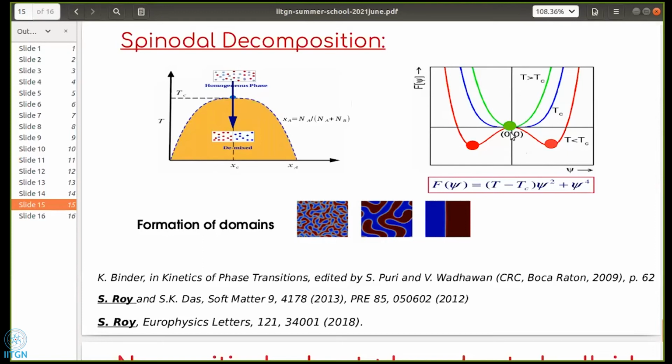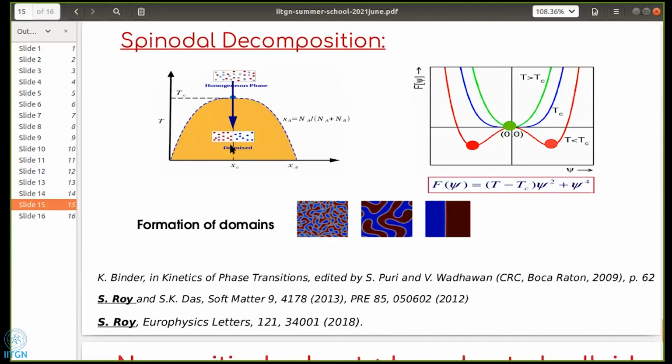It's only one minimum where the value is 0. So this 0, 0 point, which is marked by the green filled circle, corresponds to the equilibrium configuration of the system at the high temperature. And like you see, the order parameter is indeed 0 here, which means that it's in a disordered state, a completely homogeneously mixed state.